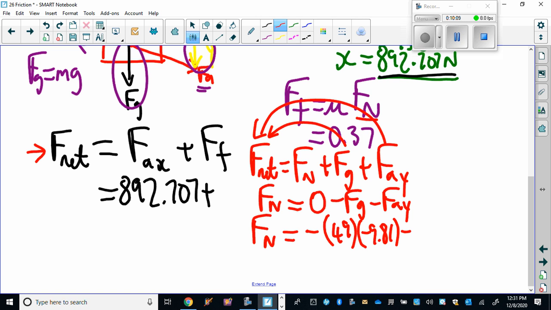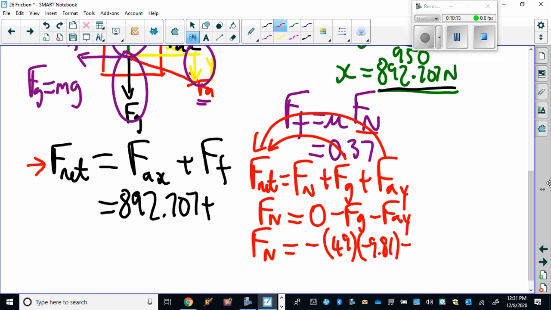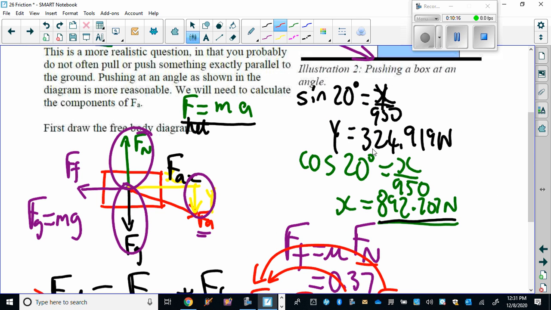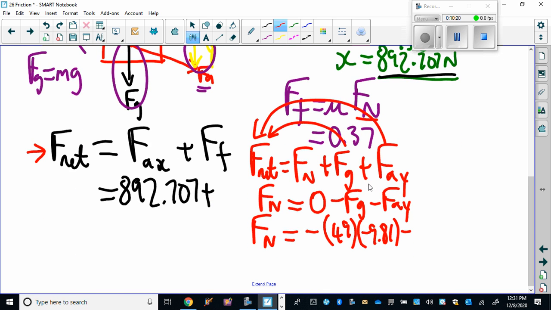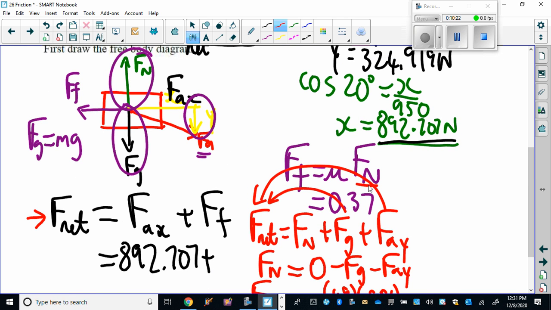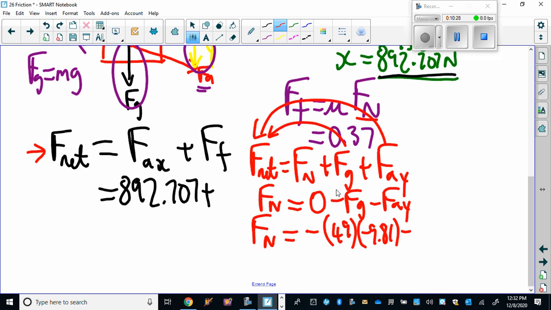Minus the vertical component of the applied force, which we calculated all the way back here, 324.919. Positive or negative? Look at the free body diagram. Gravity and the vertical component of the applied force are both pointing down. So if I assign this one to be negative, I also need to assign this one to be negative.